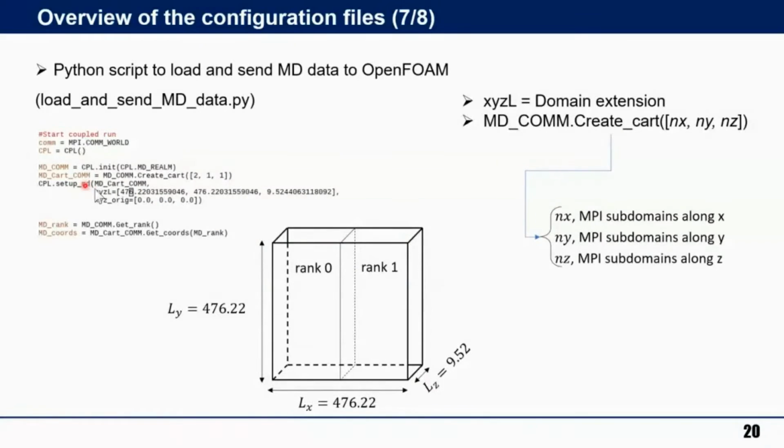And then when you call the MD create Cartesian function, you need to give as an input the subdomains along the X, Y, and Z direction. So in this case, again, we only have 2 subdomains along X direction, but we don't have any splitting along Y and Z. So this is why you see 2, 1, 1 in this function.